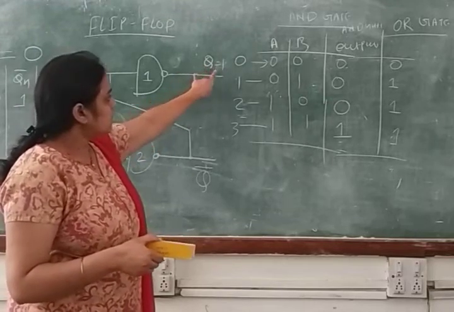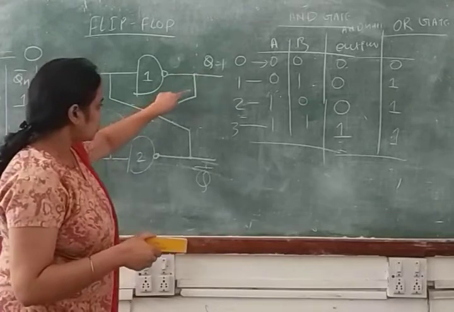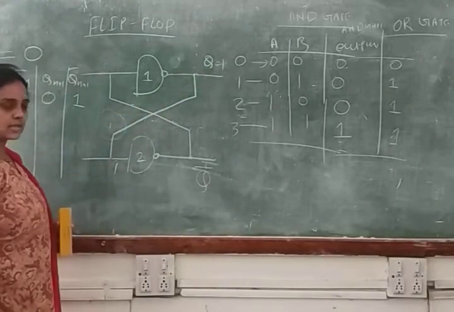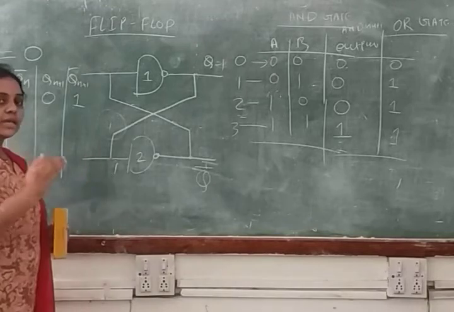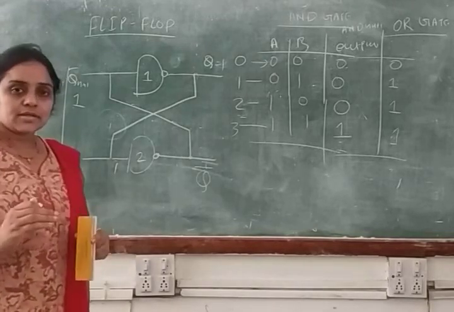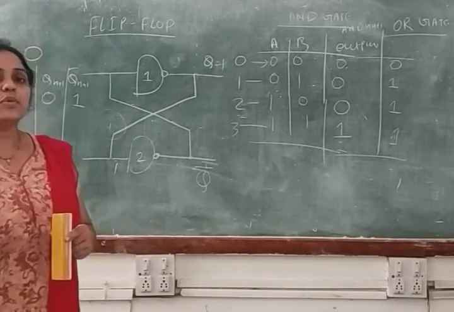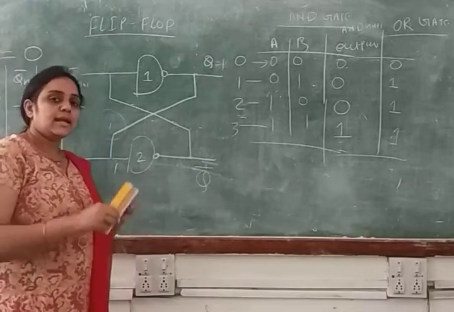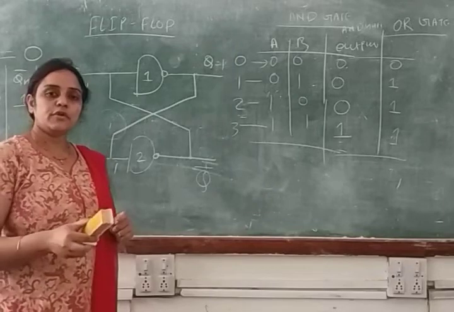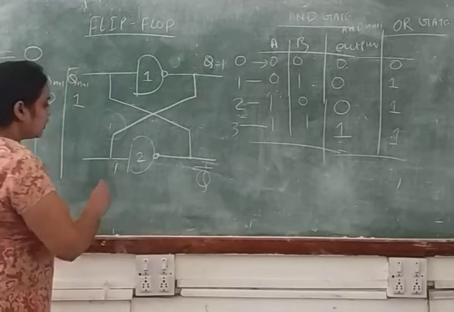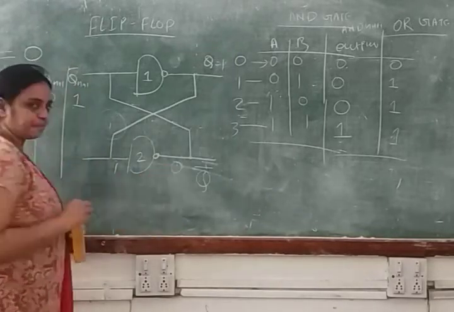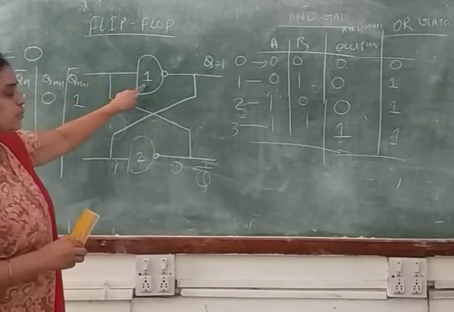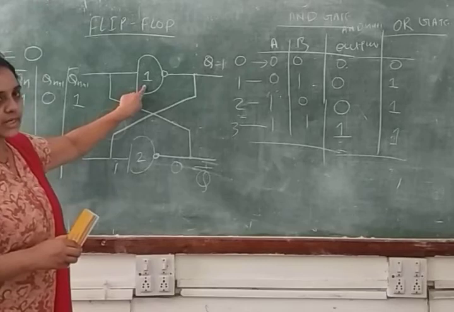So if you are assuming Q equal to 1 and you are giving as an input to the second number NAND gate, clear? Then according to the AND gate characteristics you will get output 1, but here we are using NAND gate and NAND gate is just a complement form of your AND gate. So we are getting output 0. Then this output we are using as an input to the first number NAND gate.